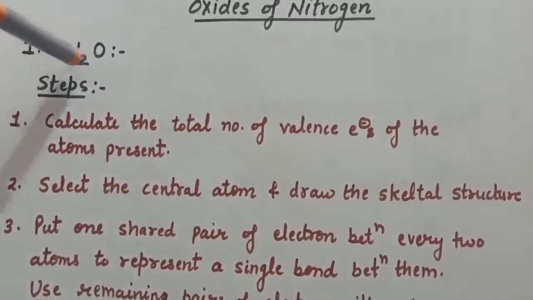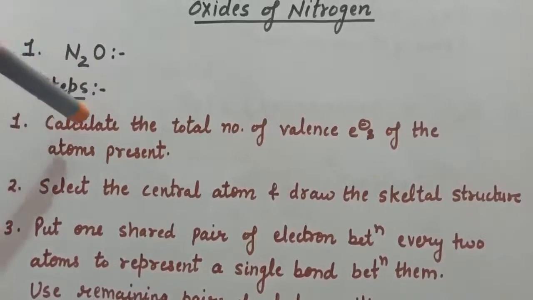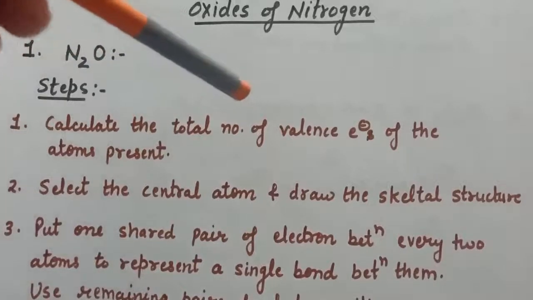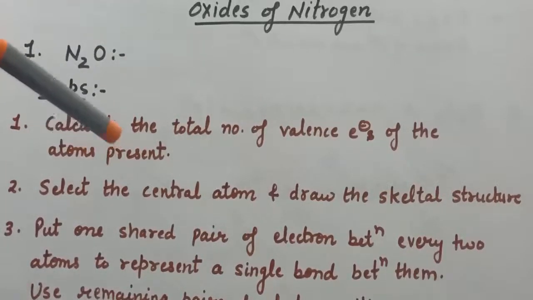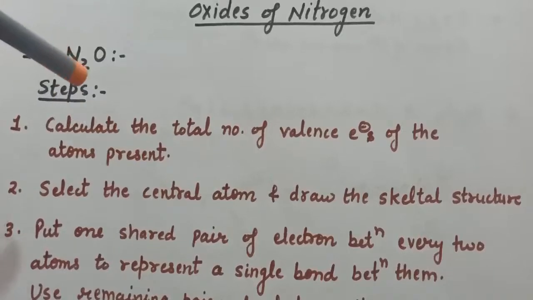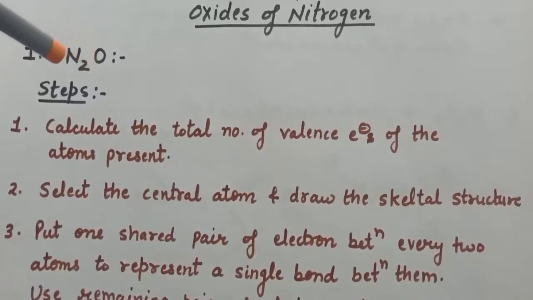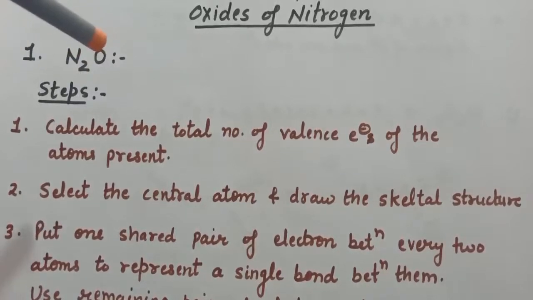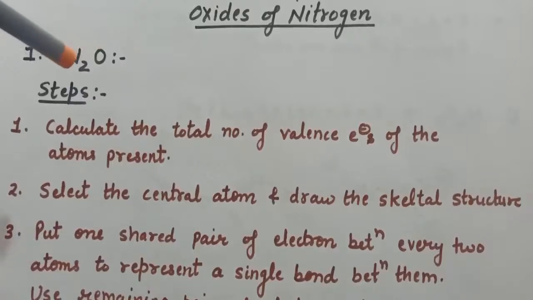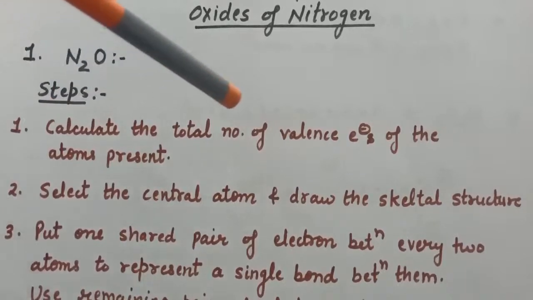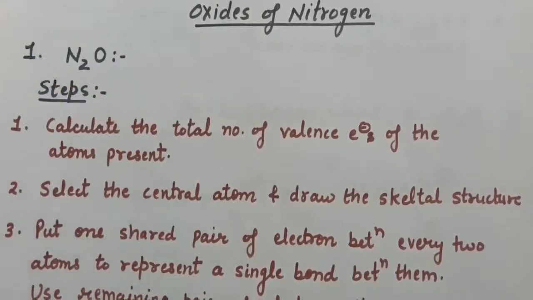For example, if we want to write down the Lewis dot structure for N2O, the first step is to calculate the total number of valence electrons of the atoms present. Here we have 2 nitrogen and 1 oxygen. Nitrogen has 5 valence electrons and oxygen has 6, so the total number of electrons is 5 plus 5 is 10, plus 6 is 16.